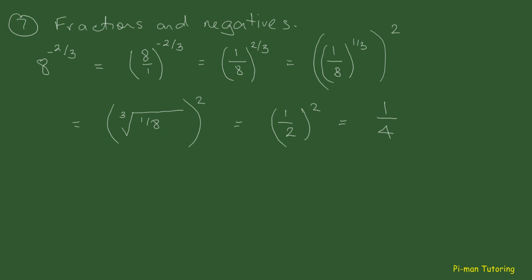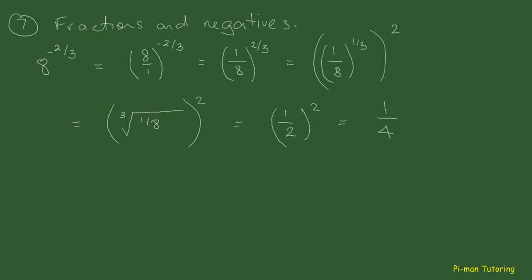So you convert the negative to a positive exponent by turning the fraction upside down inside the bracket, and then break that fractional exponent into its two pieces to give you the radical and the power.